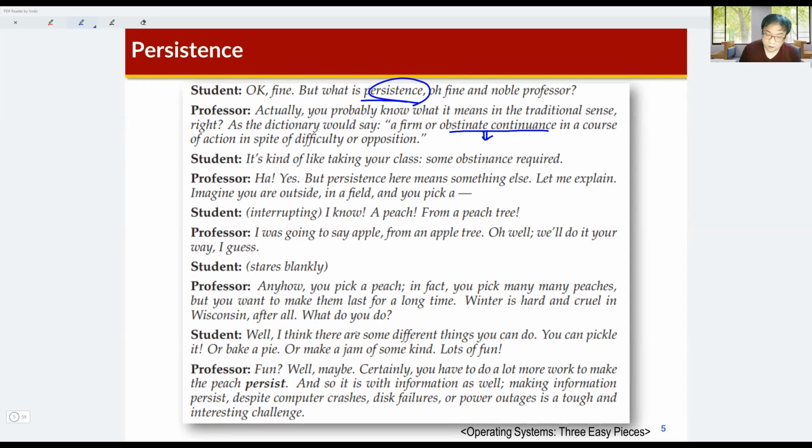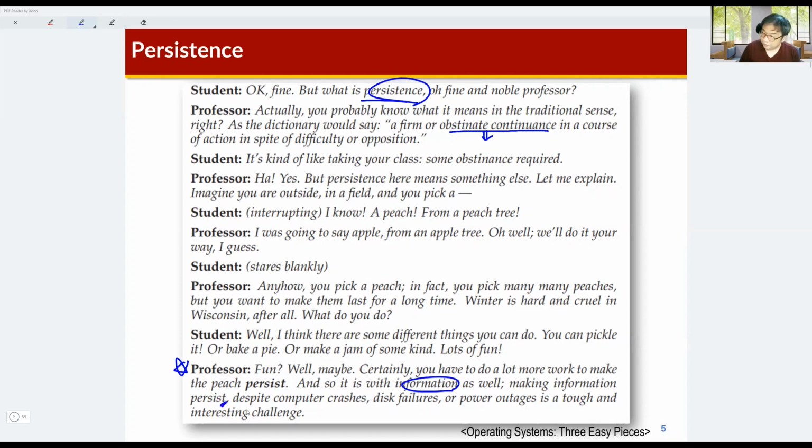Okay, so you can find the meaning of persistence here. The persistence means making information persist.